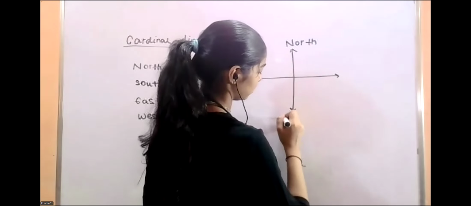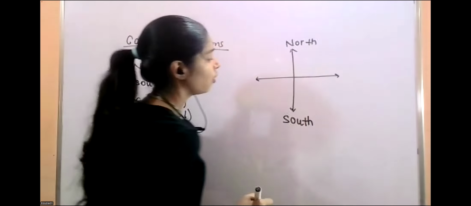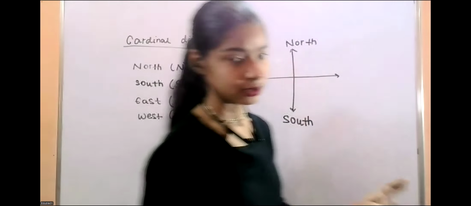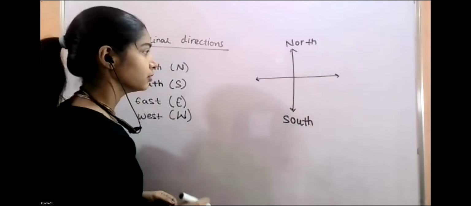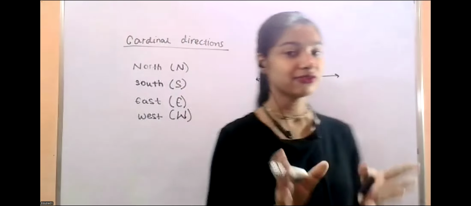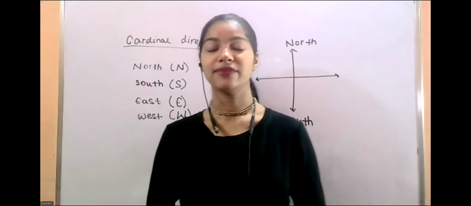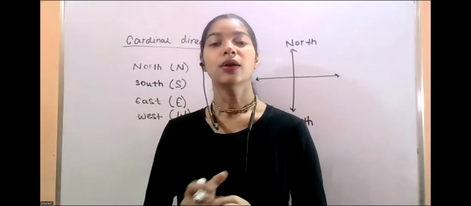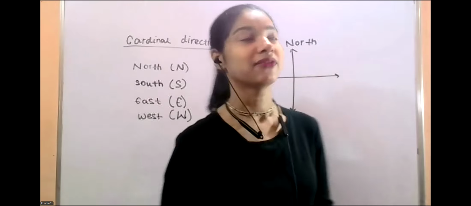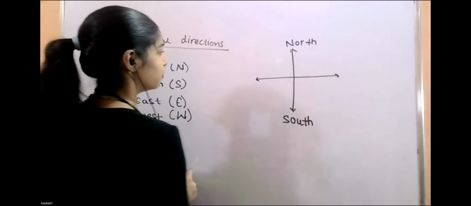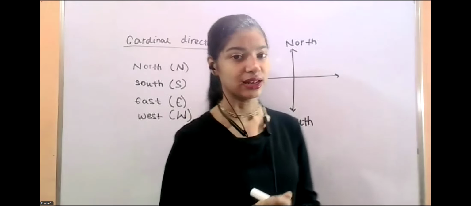The south is always the bottom. Now, the preferences change, like whenever I'm facing towards you, my west and east will get changed. But when I'm facing towards the board, my west and east will be changed as well.